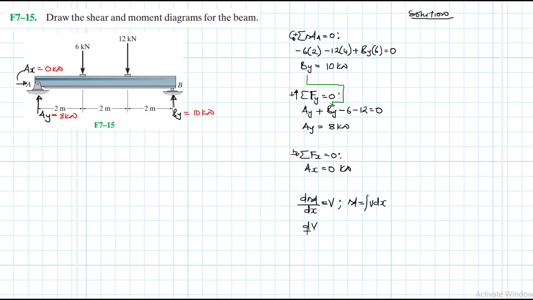And the rate of change of shear with respect to x is equal to the distributed force q, and therefore the shear force is equal to the area under the distributed loading. So with these two differential equations, we are able to draw our shear force diagram.